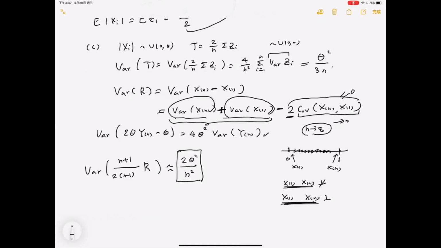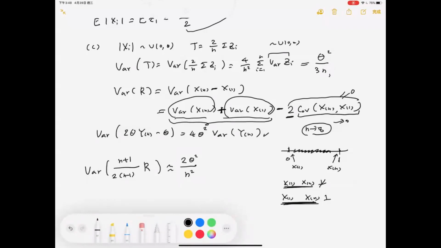The variance of T divided by n, the variance of R in terms of unbiased statistics is divided by n squared. Divided by n squared. You guys see that? 1 divided by n for T, and R divided by n squared.